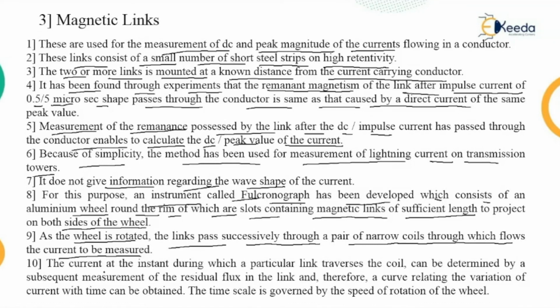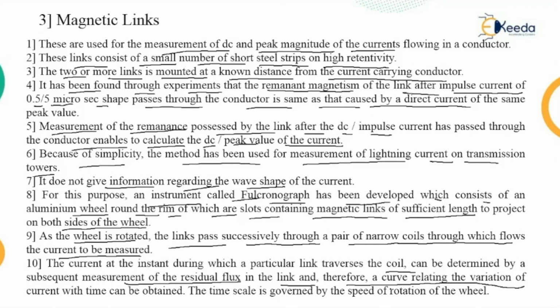The current at the instant during which a particular link traverses the coil can be determined by a subsequent measurement of the residual flux in the link, and therefore a curve relating the variation of the current with time can be obtained. The time scale is governed by the speed of rotation of the wheel in the fulchronograph.